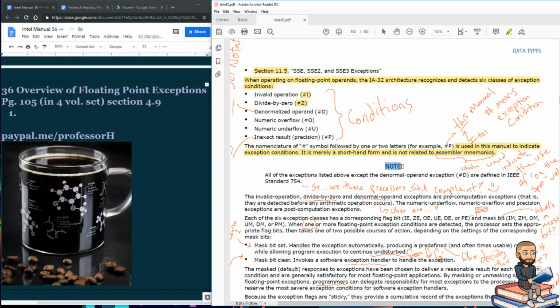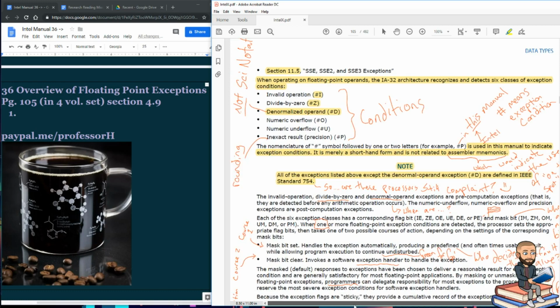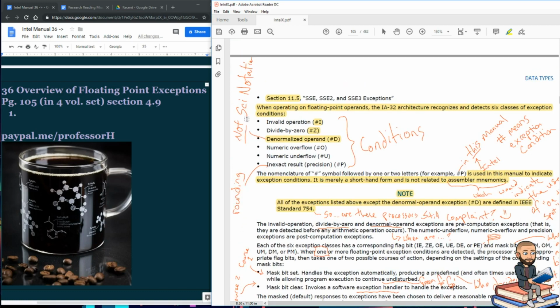Alright, so we're in a section called Note. All of the exceptions listed above, except the denormal operand exception, are defined in the IEEE Standard 754. And I'm being a little facetious here by saying our processor is still compliant, because why is there this exception for D? It's the one right here, and an easy way to remember what a denormal number is, just remember it's like not a scientific notation form.